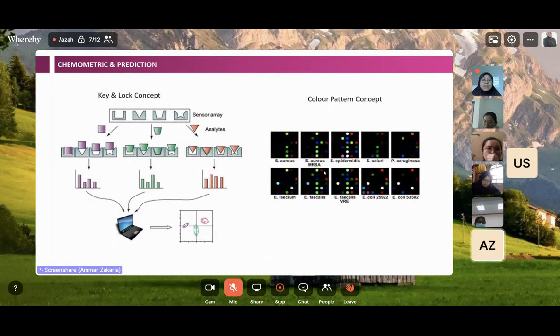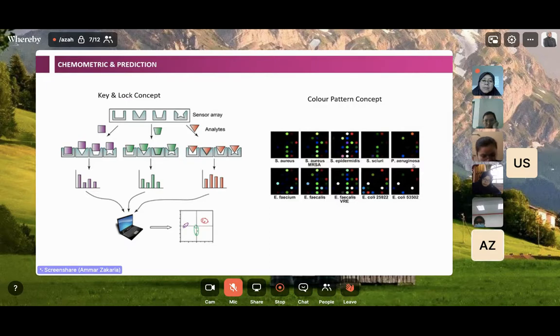Okay. Previously, some scientists also tried to apply what we call a color pattern, right? But again, if you have a lot of sensors, if you have 100 sensors, if you have 1,000 sensors, this color pattern is quite difficult to differentiate. You see a lot of LEDs being dim or being different colors of different intensity, right?